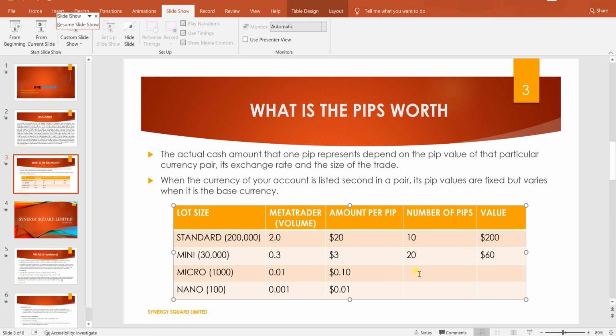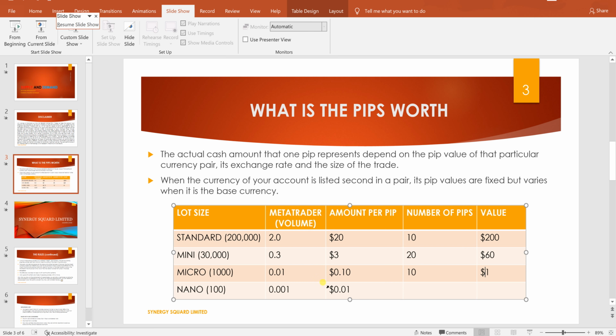If we happen to make just 10 pips on this very one, then the value of this particular one is going to be 10 times 0.1, or 10 cents times 10. What will it give us? It's going to give us just $1. That is what will give us $1.